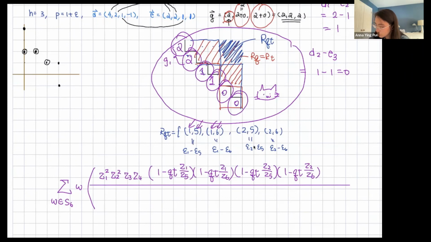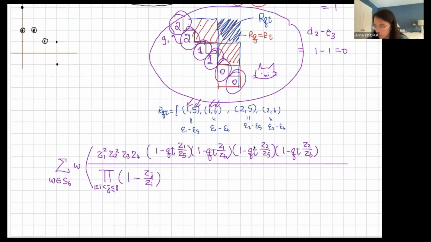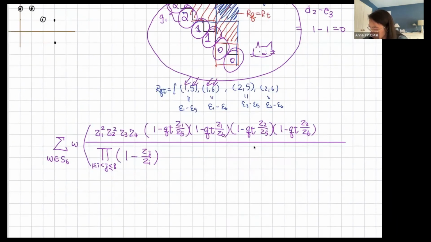And then what is the denominator? The denominator here is 1 minus, without Q and T, Cj over Ci, where i is less than j, from 1 to 6, sorry. And then what are our QT?